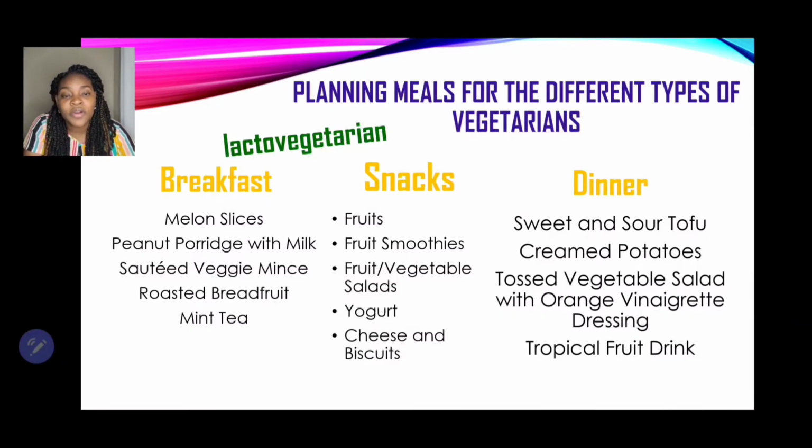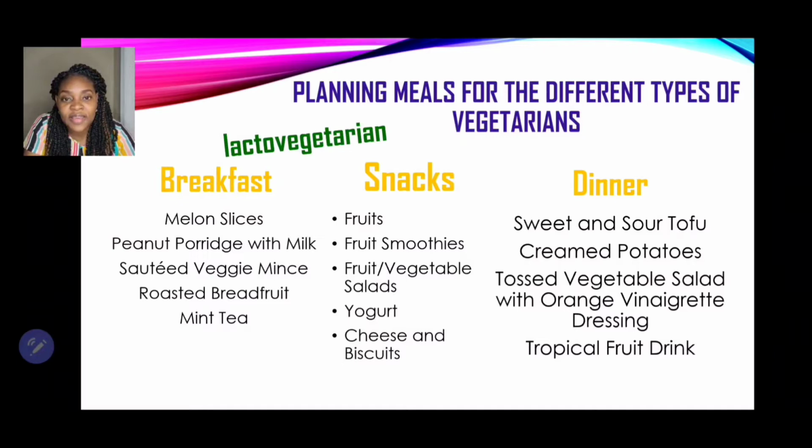Good. So for this breakfast, we're starting off with our fruit or our fruit juices, and for our fruit we have melon slices. It could have also been melon juice or orange juice. Good. Our next item would be our cereal, and we have peanut porridge with milk.